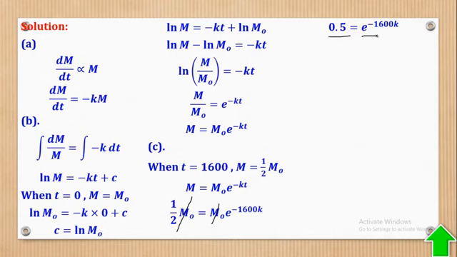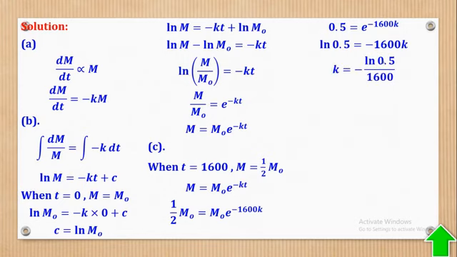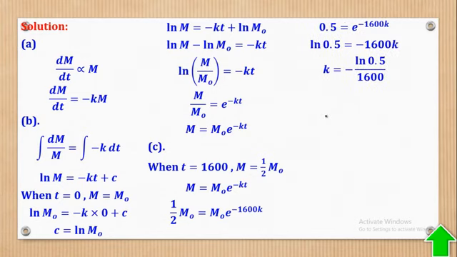Now in that case, it is only k which is the unknown, therefore I can get the value of k as negative ln 0.5 over 1600. So now we shall come and say that when m naught is equal to 15 grams, m is equal to 13.6 grams, because that is what was given in this question.